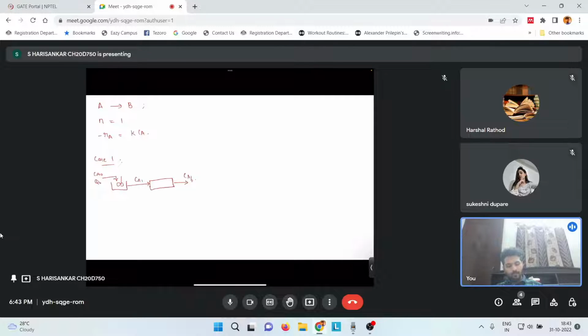Let tau1 be the spacetime of the CSTR and tau2 be the spacetime of the PFR. So obviously V1 will be the volume of the CSTR and V2 will be the volume of the PFR. Now tau1 can be written as V1 by Q, which will be equal to Ca0 minus Ca1 by K Ca1. This is the design equation of the CSTR.